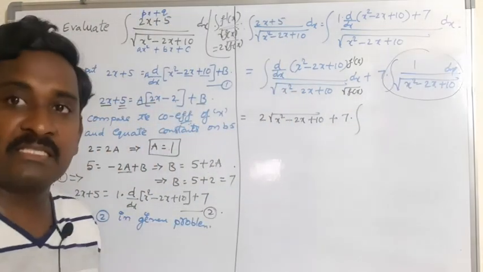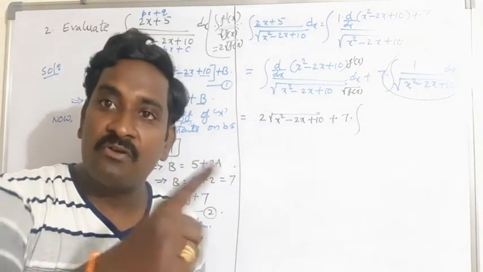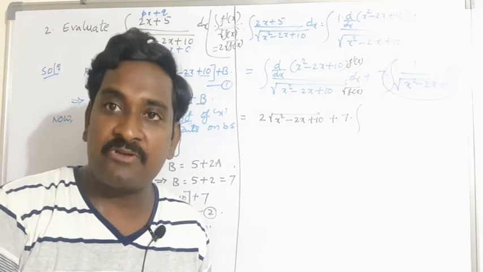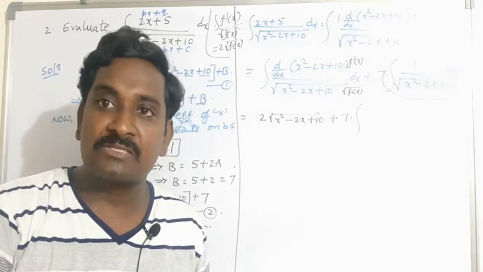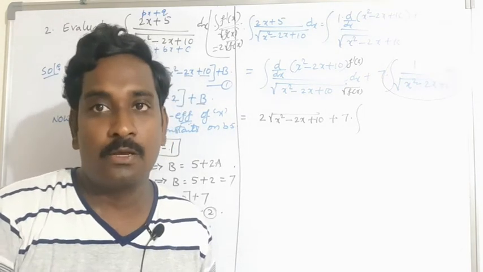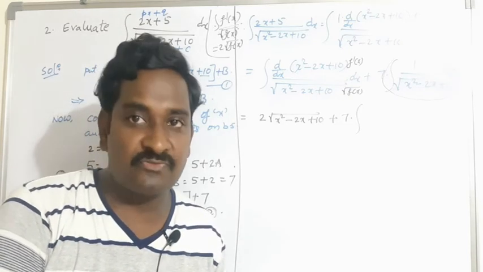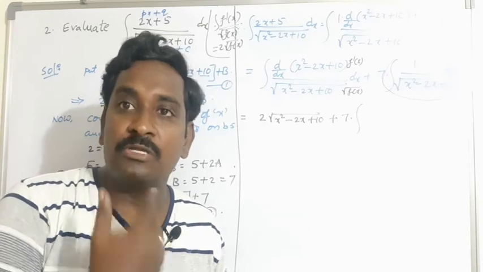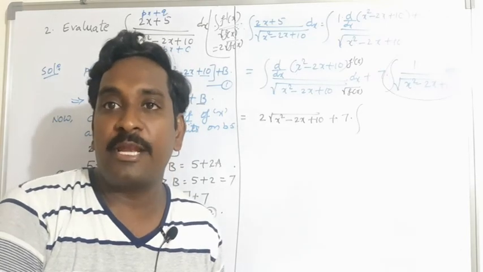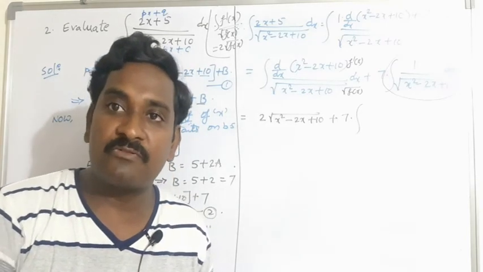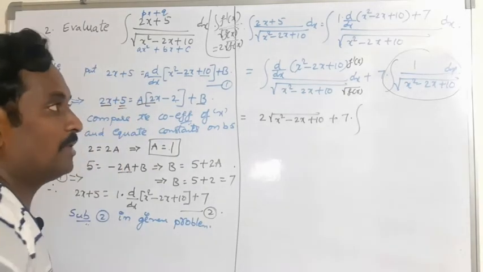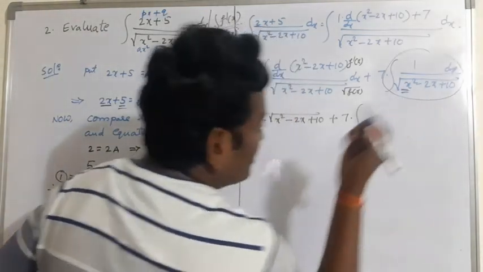The second part is in the form of integration of 1 by root over ax square plus bx plus c dx, which is type 1 integration. So in that case we should make the coefficient of x square 1. After that we should reduce the denominator into the form a plus b whole square, otherwise a minus b whole square. We are observing that the coefficient of x square is already 1.